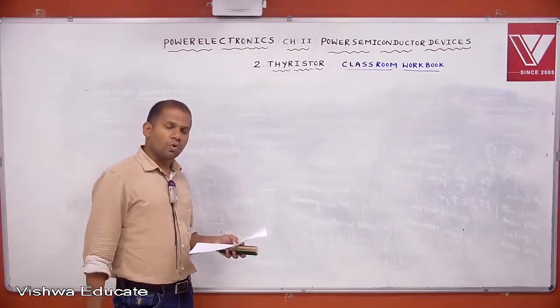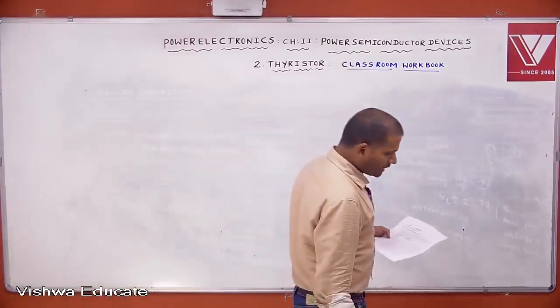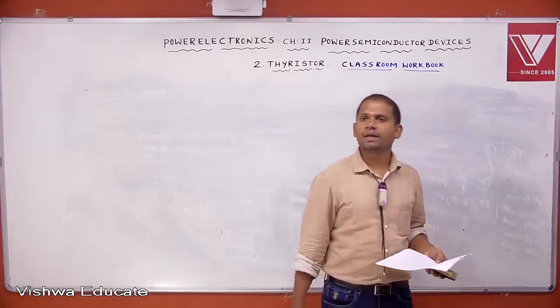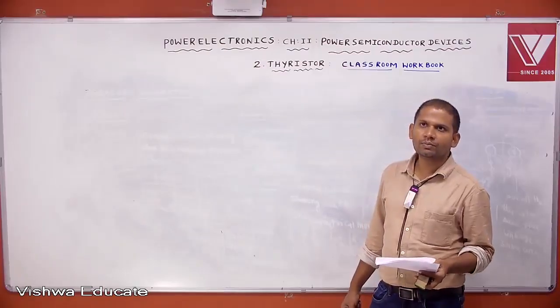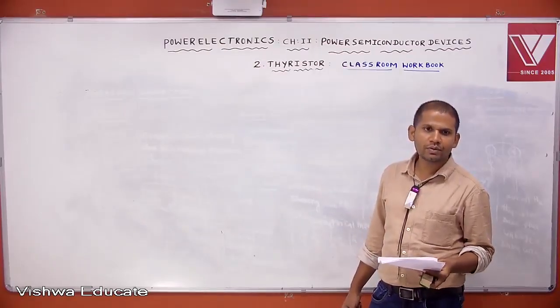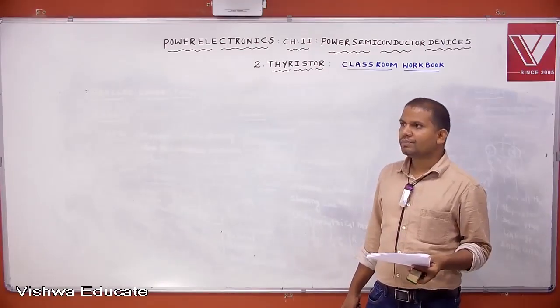Under topic 4, after construction and static VI characteristics of the thyristor itself, I discussed protection circuit and gate characteristics.